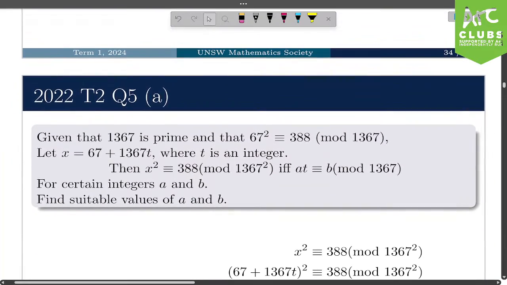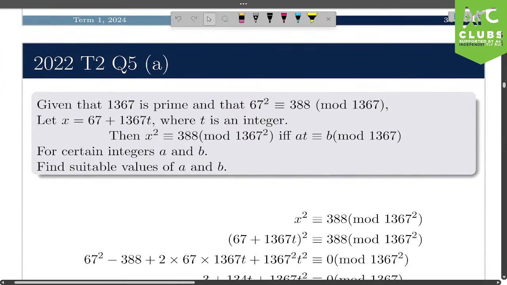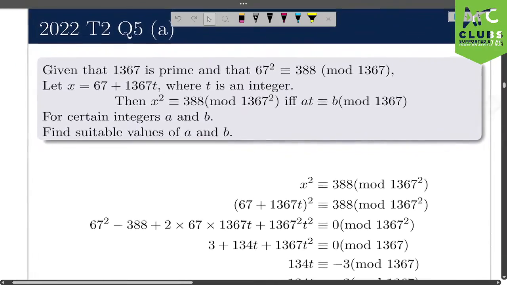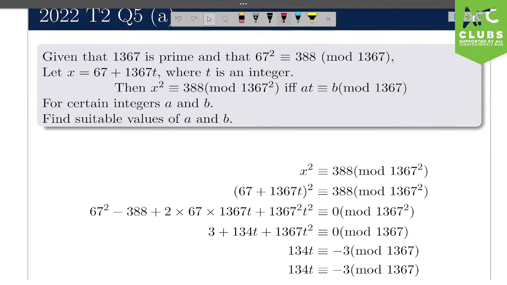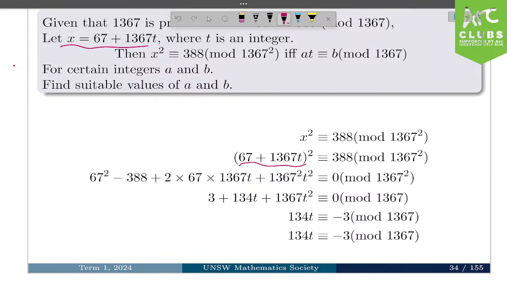If in doubt, one thing you can always fall back on is your definition, how things are defined in your question. So we note that x equals 67 plus 1367t. So we just substitute that in. That's just something that you naturally do.